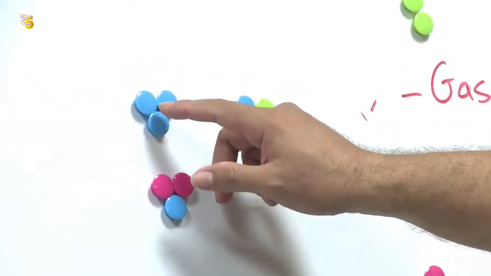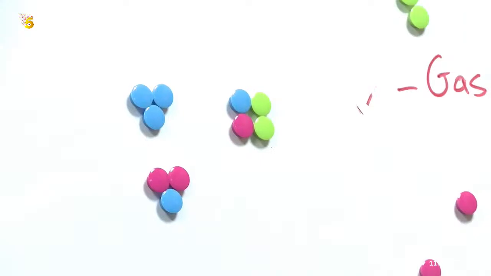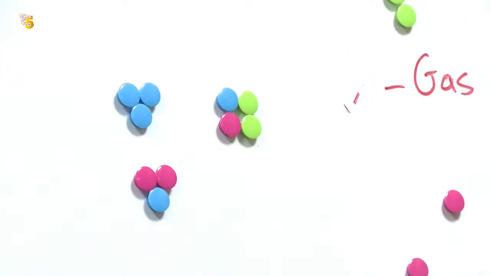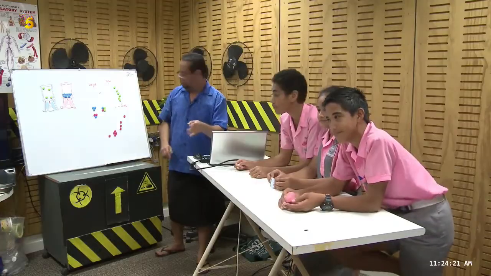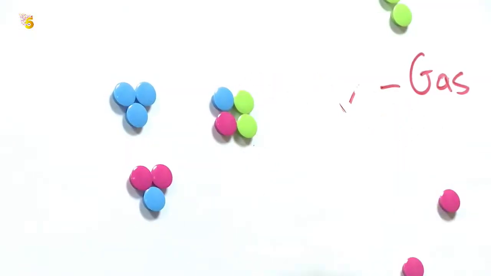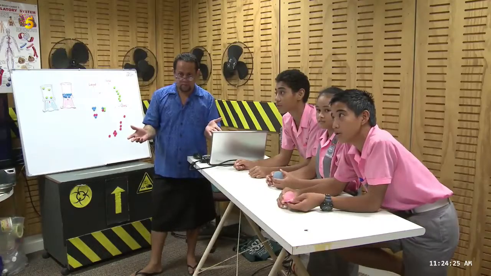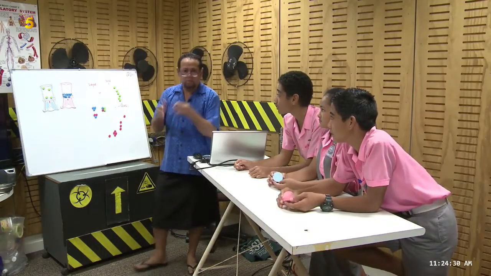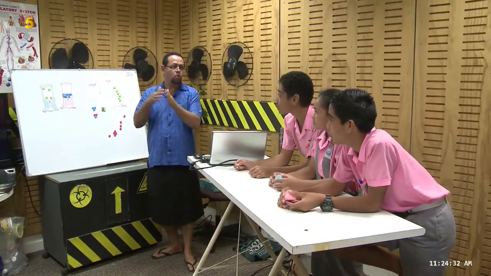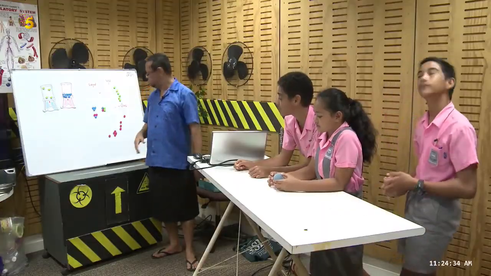This one is an element because it's made of only one type of atom, whereas this one could be a compound because it is a mixture of 2 or more different types of atoms.